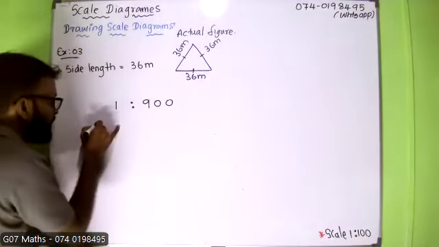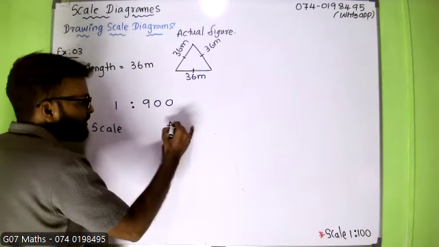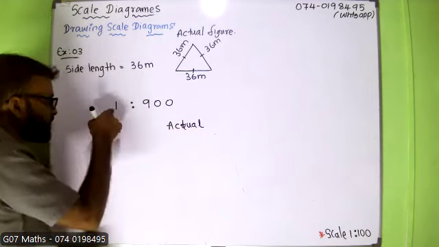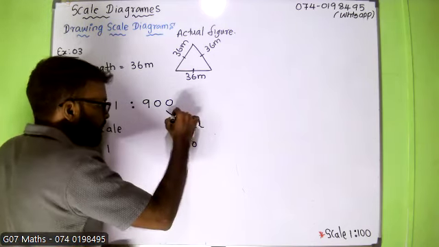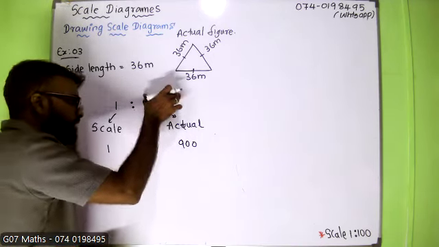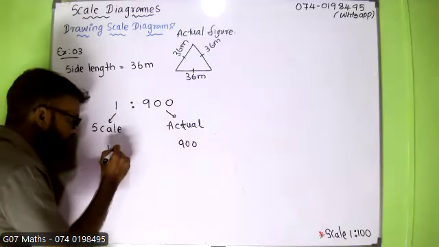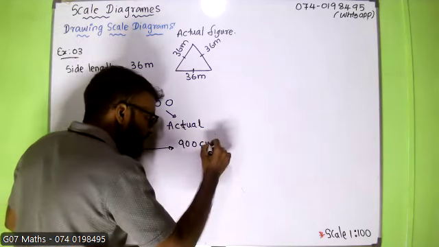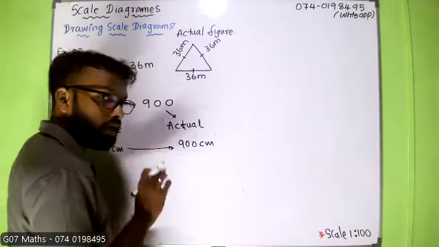So my scale length is on the left-hand side and the actual length is on the right-hand side. 1 to 900. So the scale is 1 centimeter represents 900 centimeters.